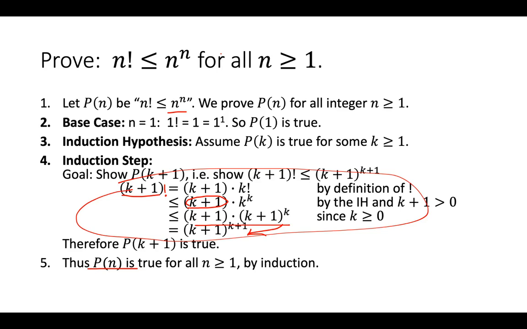So this one is the same as P of k, and this one is P of k, so that means P of k is true. P of k plus 1 is true. So we can prove this using induction and the definition of factorial. Okay, next step is recursion.